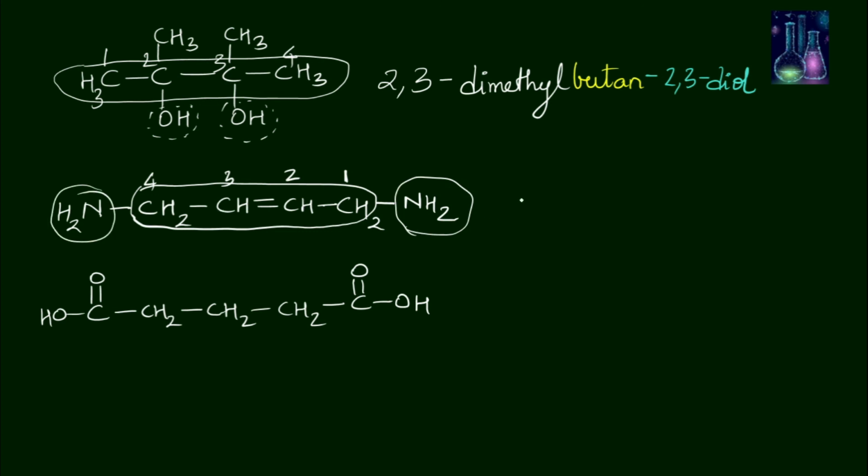Therefore, the name of the molecule is 1,4-diamino. Now you have a double bond between the second and third carbon. Therefore, but-2-ene. So this is the name of the molecule, 1,4-diamino but-2-ene.